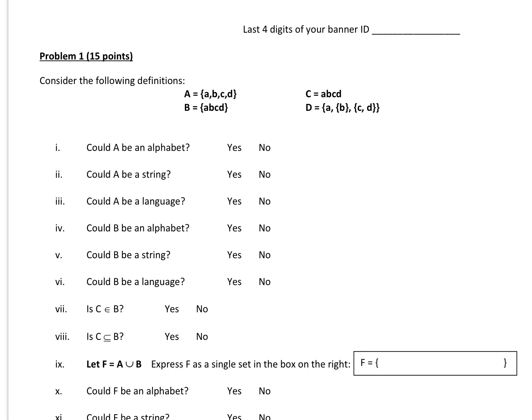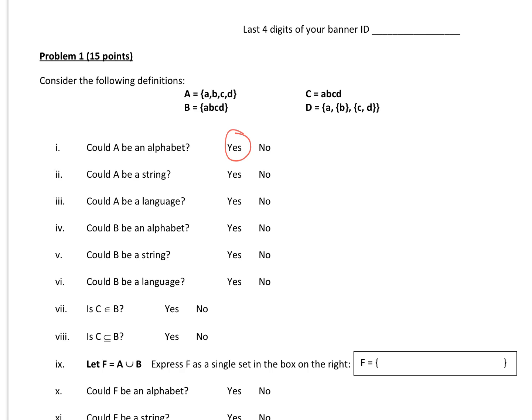So we start out by asking whether A and B could be alphabets, strings, or languages. Could A be an alphabet? Well, sure, an alphabet is a finite set of symbols, and there's our finite set of symbols. Could A be a string?